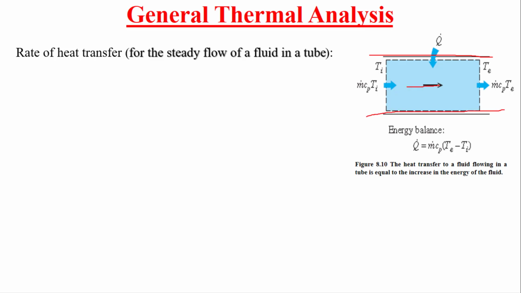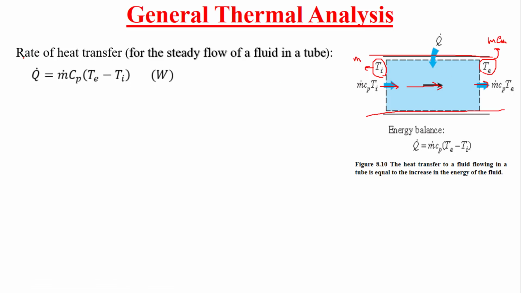This is the direction of the flow, and you know very well that the flow is entering with a certain temperature, T inlet, and this T inlet is not an ordinary temperature, it is the mean inlet temperature, and it leaves the pipe with T exit, and this exit again is a mean temperature.